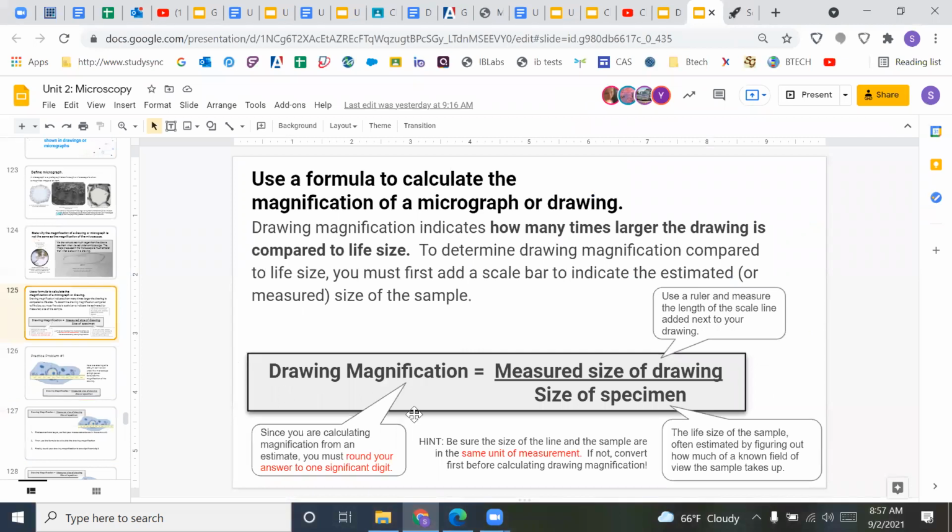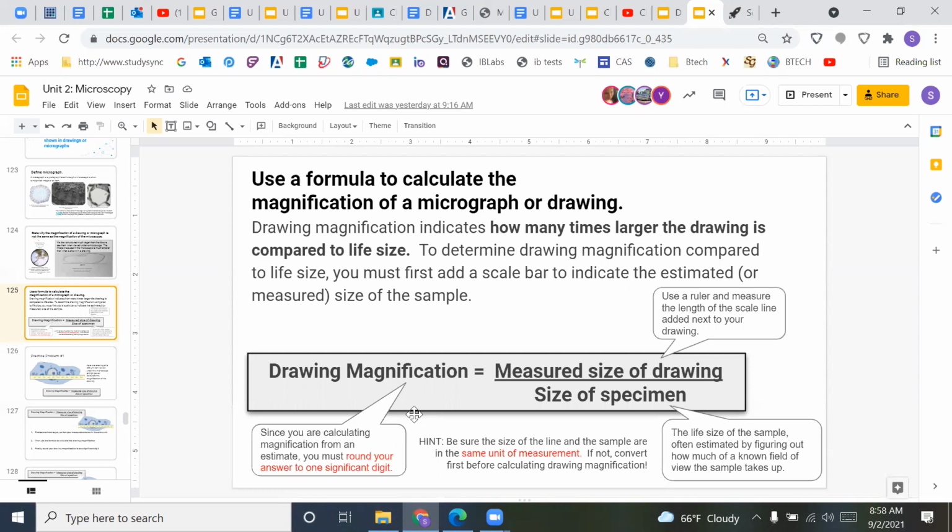Okay. Since you are calculating magnification from an estimate, our measured size of the drawing, our size of the specimen is already an estimate, right? Because we got that by drawing circles and estimating how much of the field of view it would take up. So basically, we can't be sure that it's 270x.